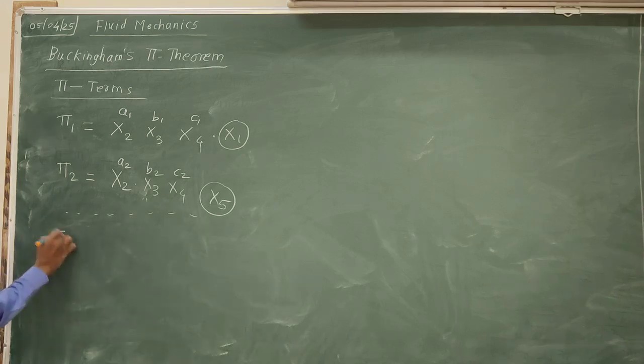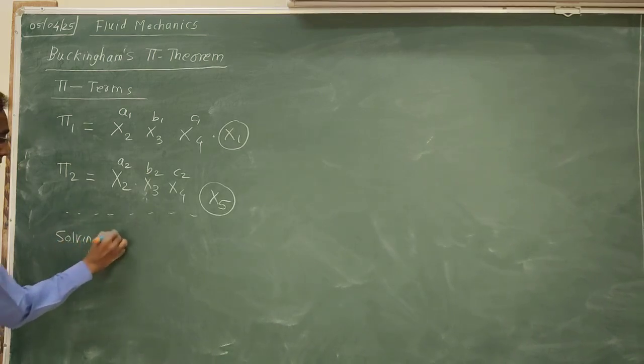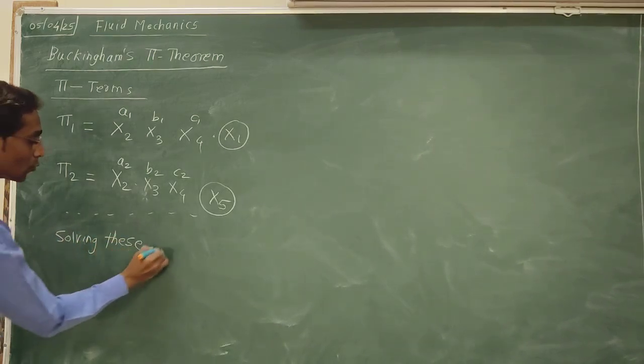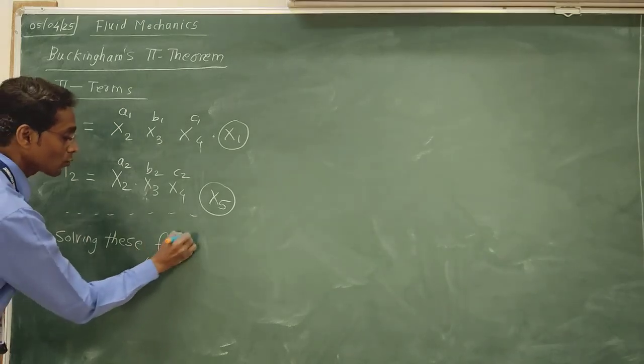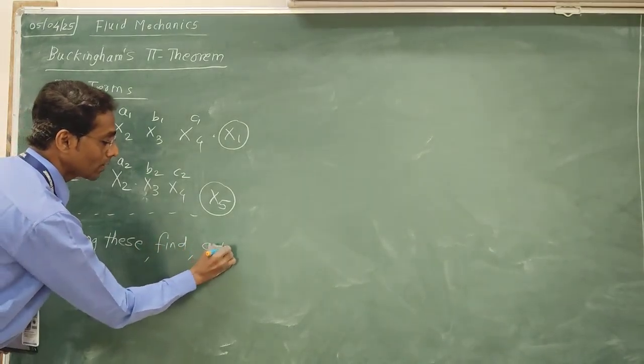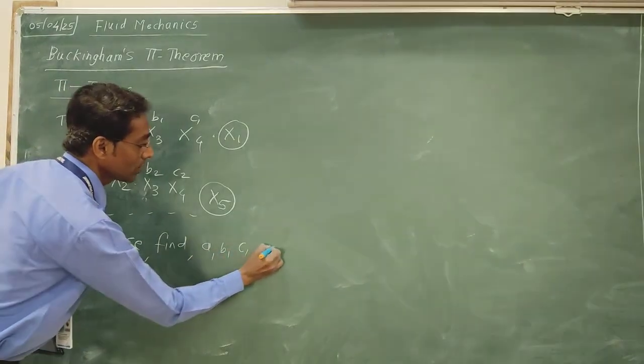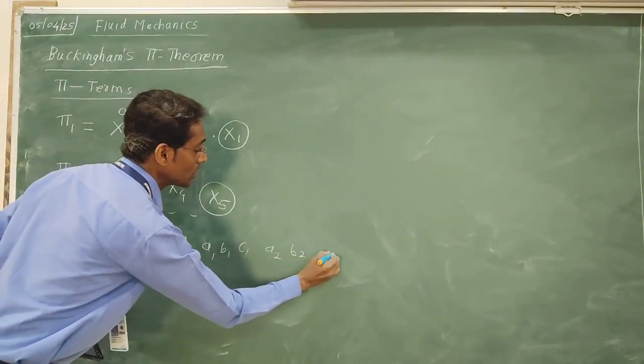Then we have to solve and simplify to find the values of a1, b1, c1, a2, b2, c2.